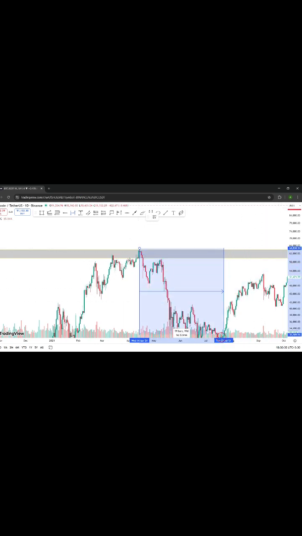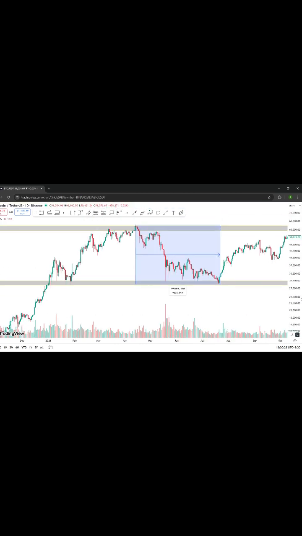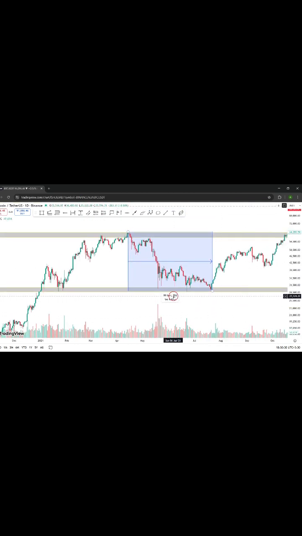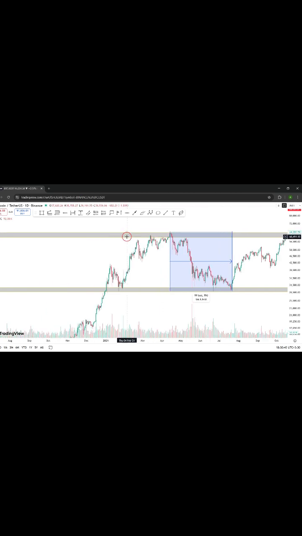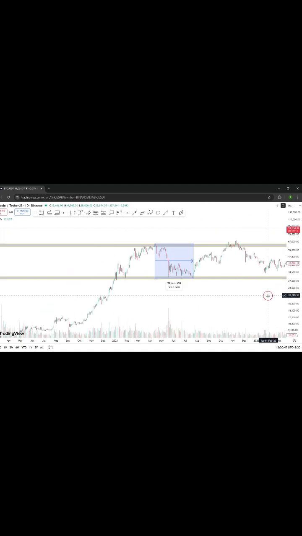From this area to, for example, this area, this is about 99 days, as you can see here, 99 bars. Imagine a person buys Bitcoin at this price. As you can see, price comes down for 99 days.